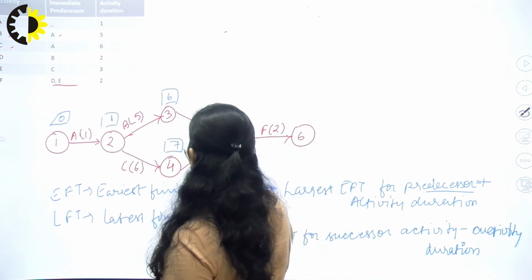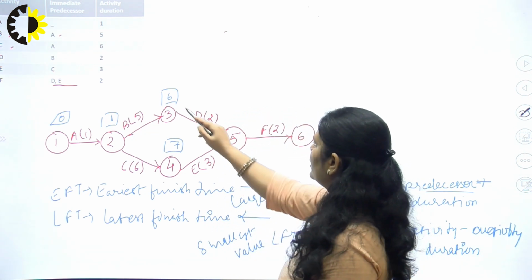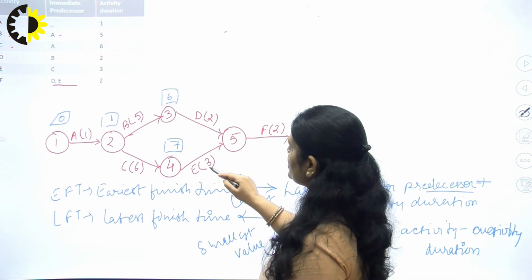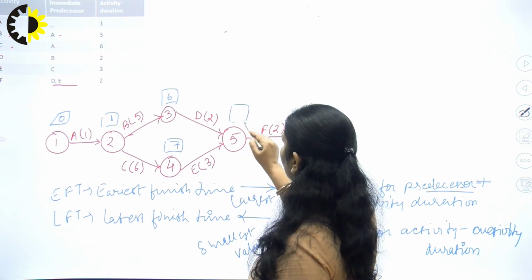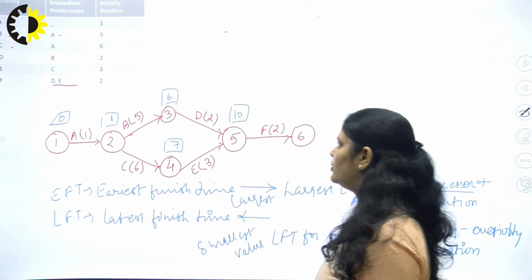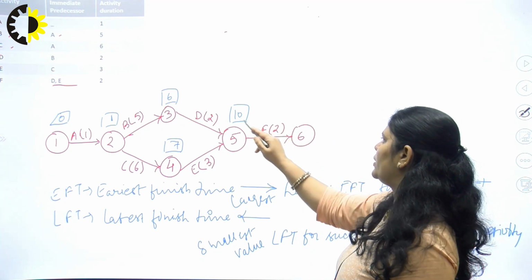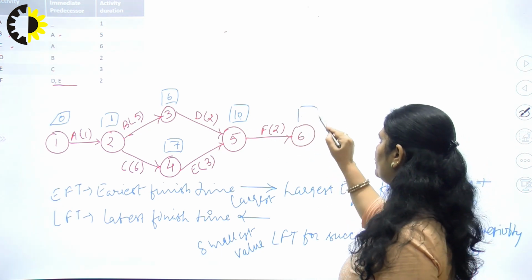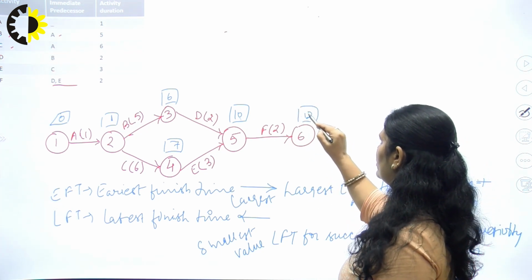And then it will become 6 plus 2, 8, but here 7 plus 3, 10. So we will write down the largest value here, and for activity F, 10 plus 2, that is 10 plus the activity duration, becomes 12.